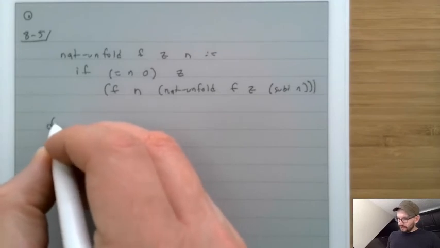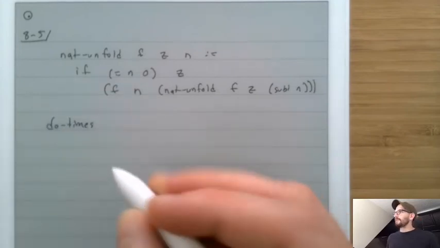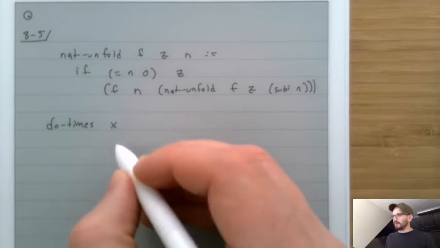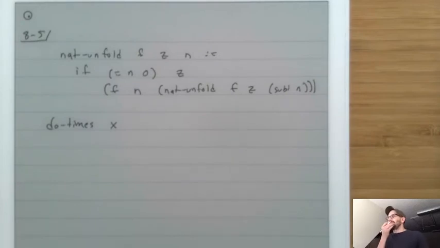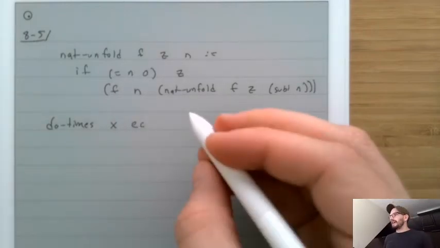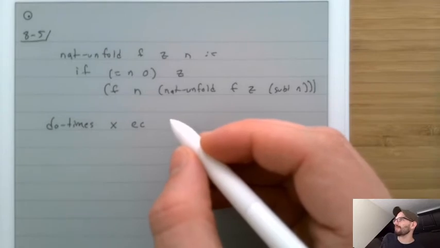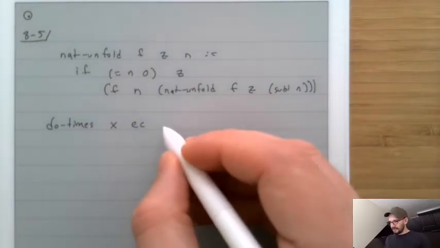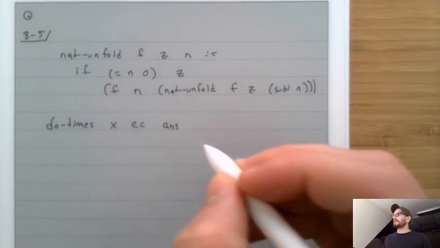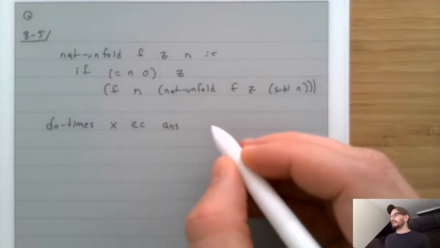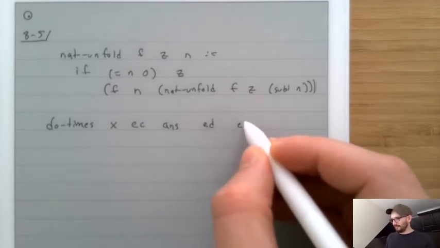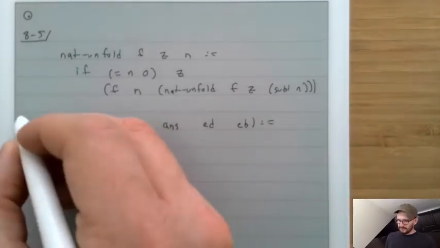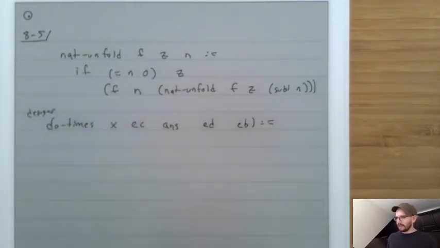Here's another one that we can write, do times, where we'll have some variable x, and then some exit condition, and then the answer value, and then the increment, and then the body code. So this is something that we'd put in our desugarer, and it would turn into something like this.